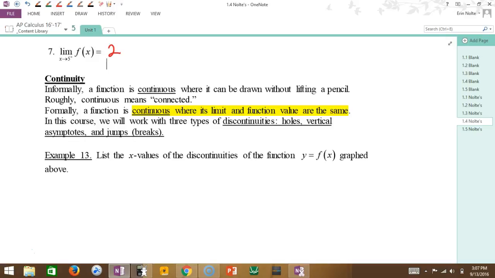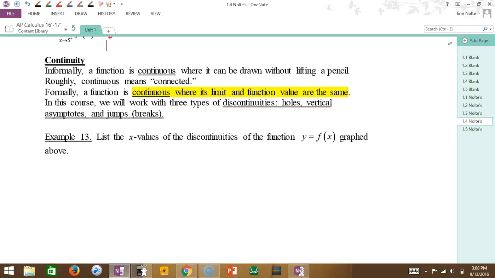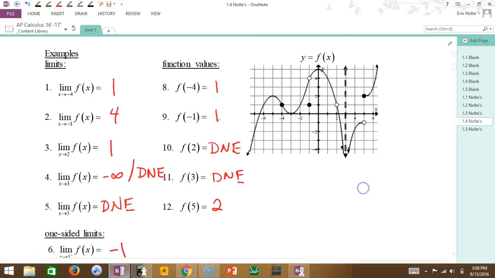Give me the 3 types of discontinuities, types that you have to lift up your pencil for. Holes, vertical asymptotes, jumps. It's up there, even underlined. Number 13 says, list the x values of the discontinuities of the function that is graphed above.